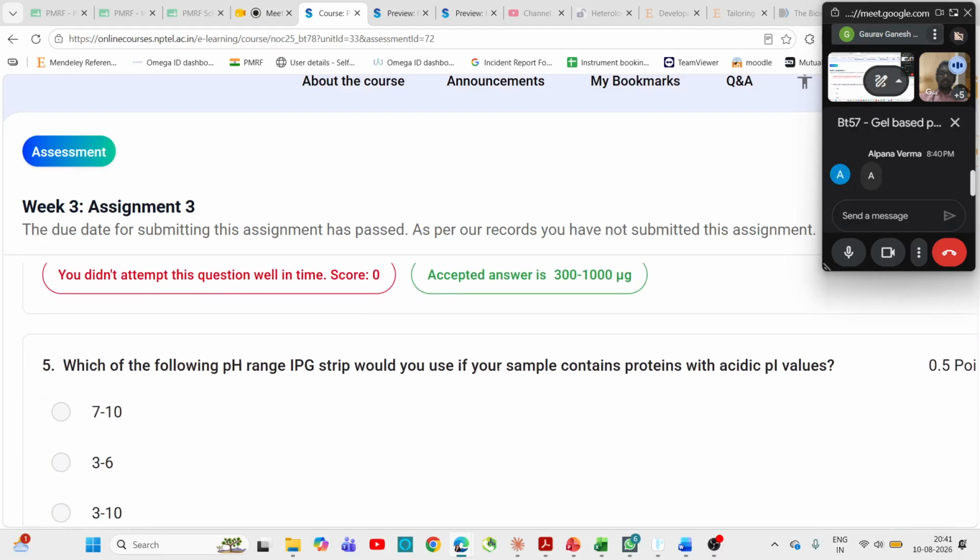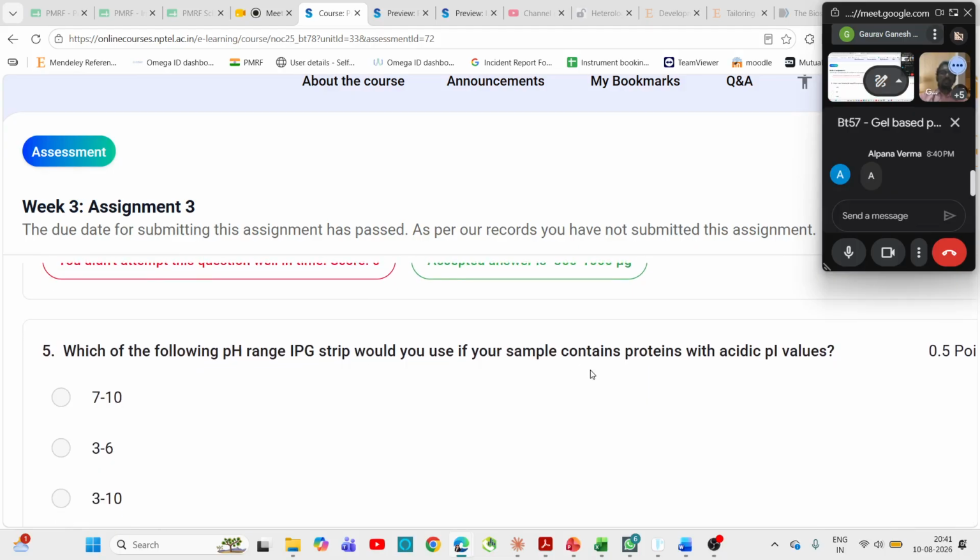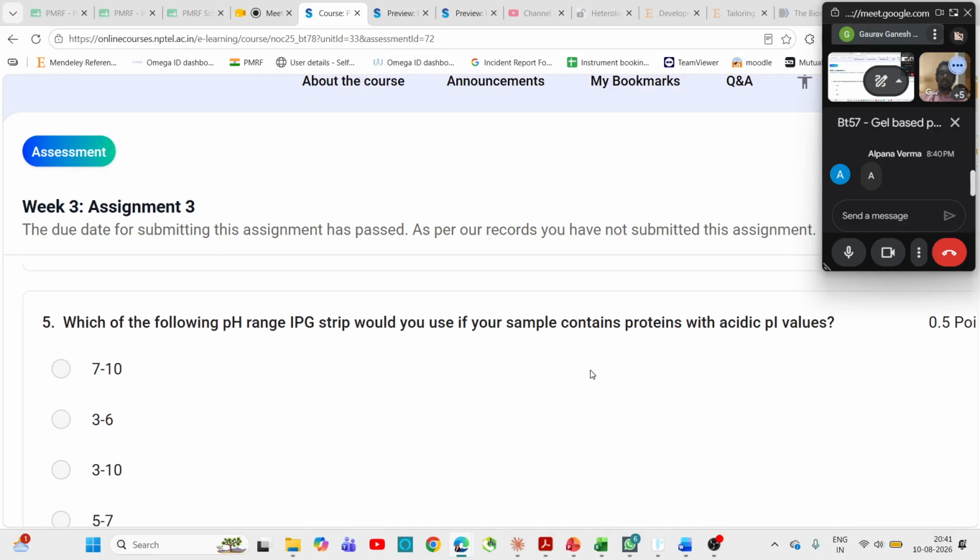Which of the following pH strips would you use if your sample contains proteins with acidic pI values?